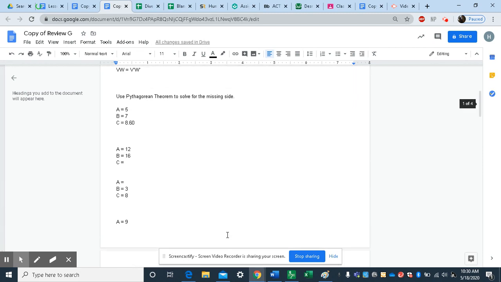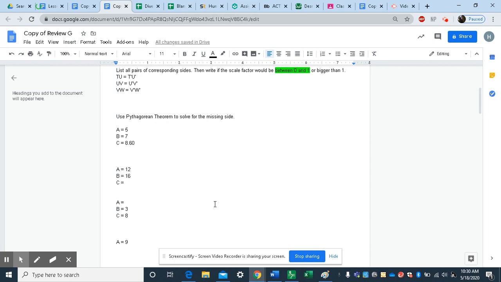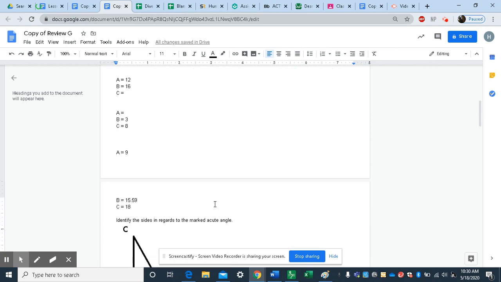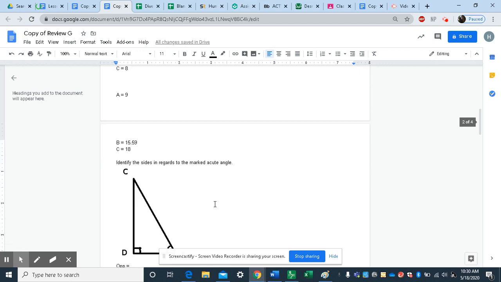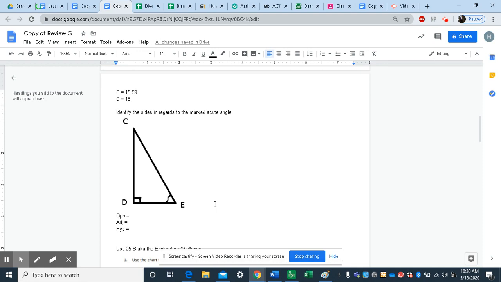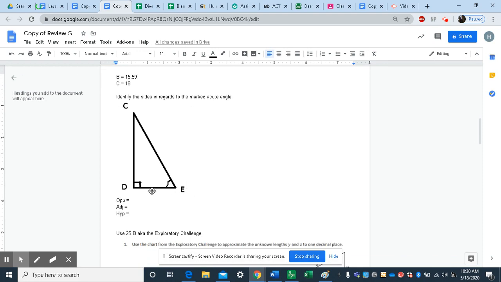So again, I gave you 2 more problems that you can complete on your own for practice, especially if this was a concept that was confusing you before. Okay, so identify the sides in regards to the marked acute angle. So we have a marked acute angle, it's angle E. So that means we're looking for the side that's opposite angle E. So the side that's opposite angle E would be CB.